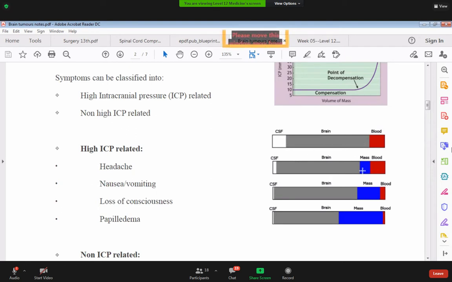If there is some mass lesion that is causing compression on the brain, that has an effect on the CSF and the blood, and that can cause a problem in that specific area. So there are some symptoms that are related to the mass lesion itself. Where is it located?